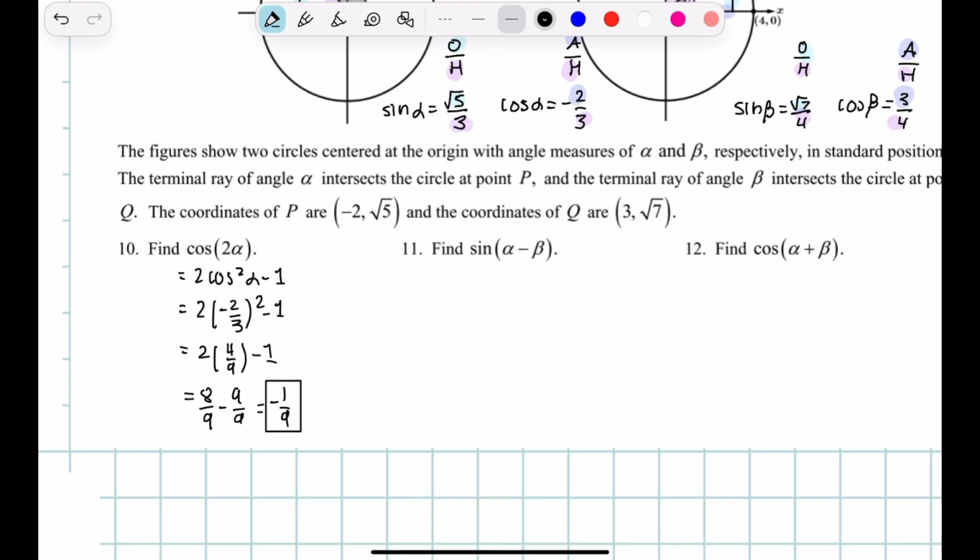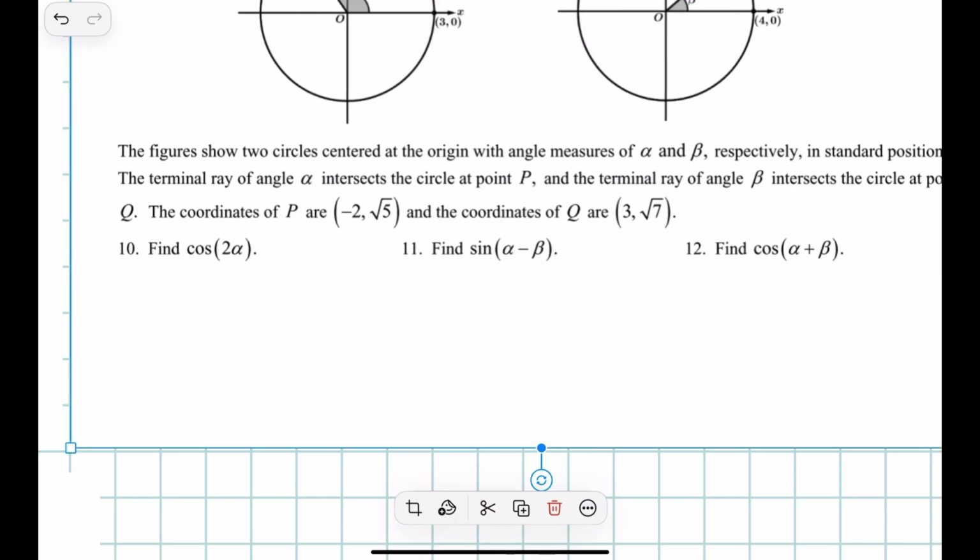So sine of alpha minus beta is equal to sine alpha cosine beta minus cosine alpha times sine beta. Now you just have root 5 over 3 times 3 over 4 minus negative 2 over 3 times root 7 over 4.